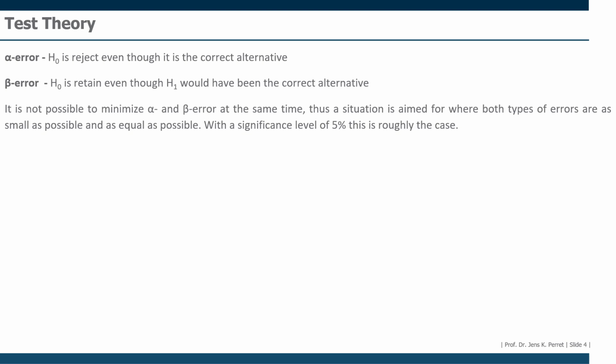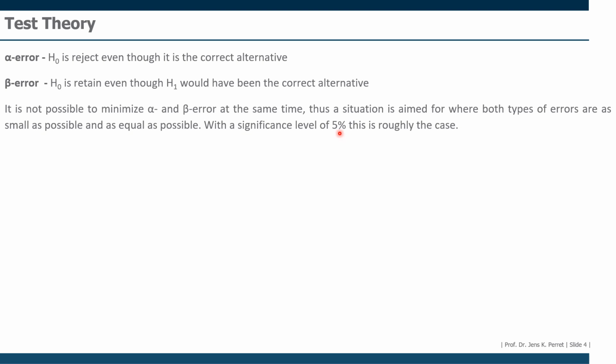But it has been found out that with a significance level of 5%, so an alpha error of 5%, they are as small, or their sum is as small as possible, and they're almost equal. So it's actually a good trade-off to always work with a significance level of 5%.